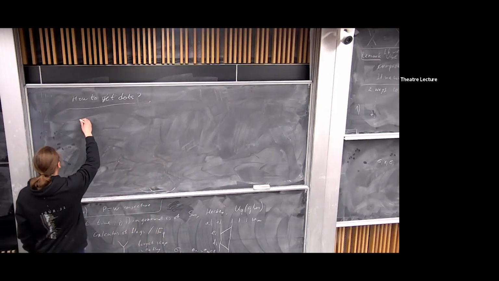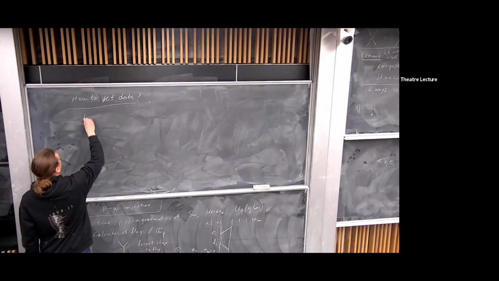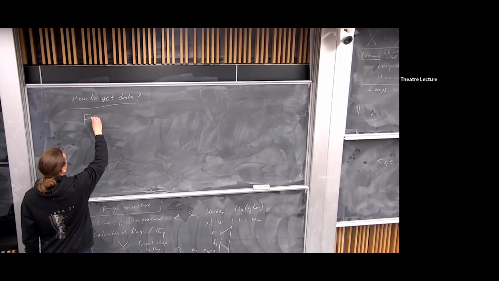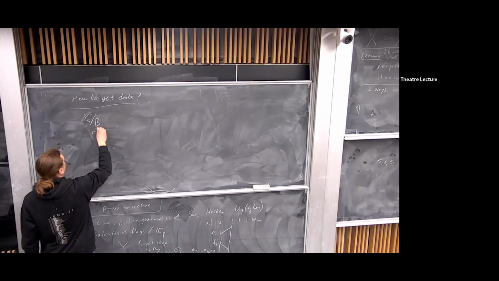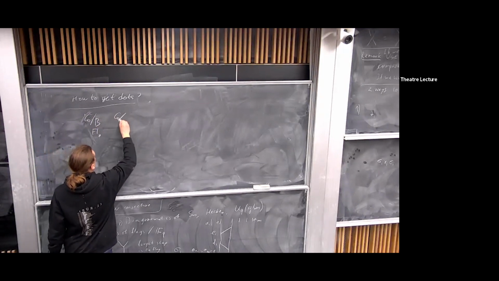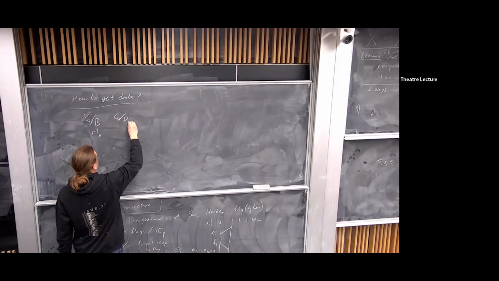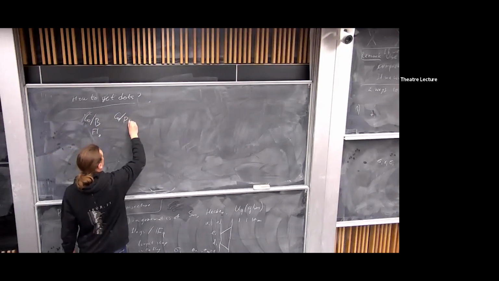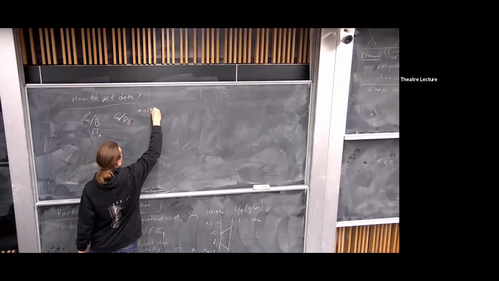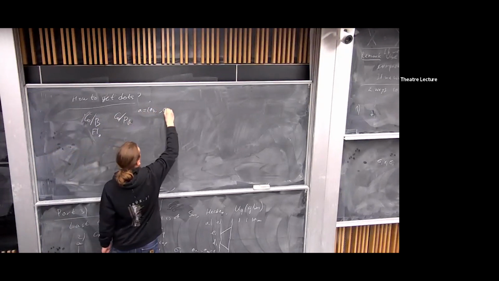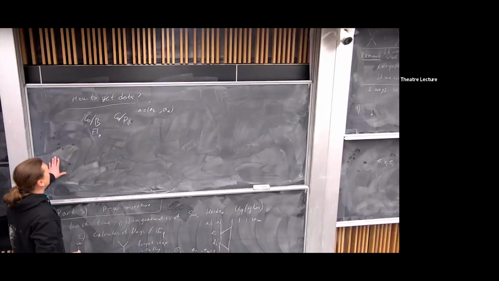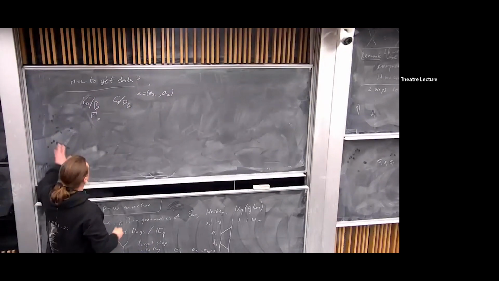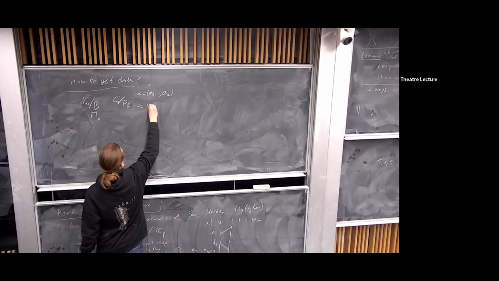Remember that we had this flag variety, and also G mod P_A, where A is a vector composition of n. Let's consider it X_A.